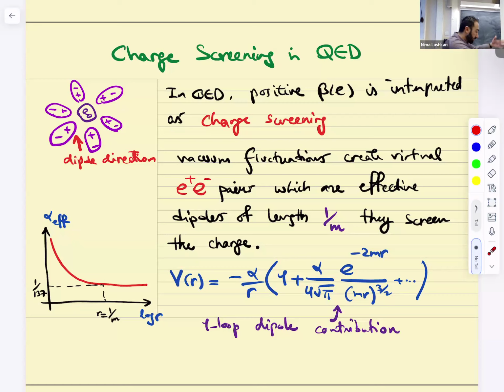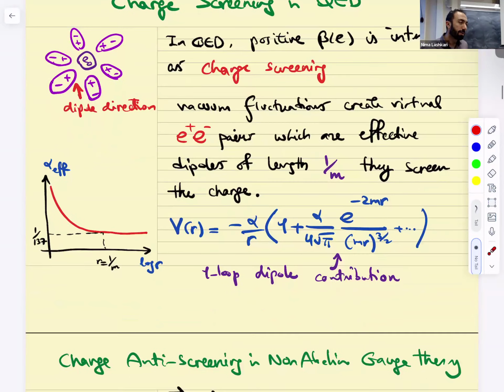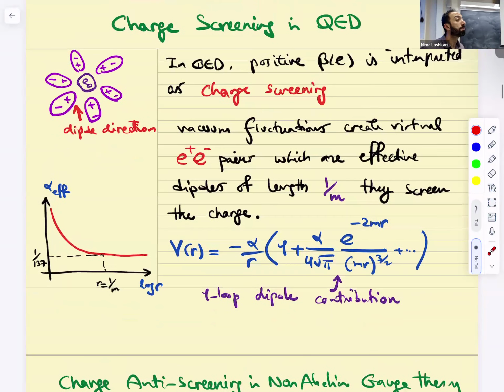So when you apply an electric field to it, these dipoles will be aligning in the opposite direction, and the net result would be that they would screen the electric charge, right? We calculated the contribution at one loop to how this screening happens, and we discussed the form of QED's coupling as a function of scale. We talked about the Landau pole and all that.